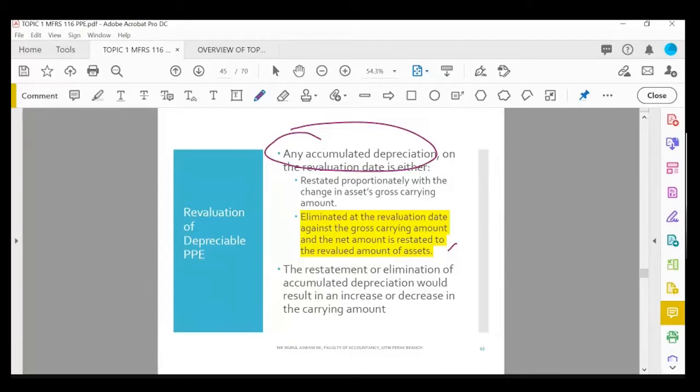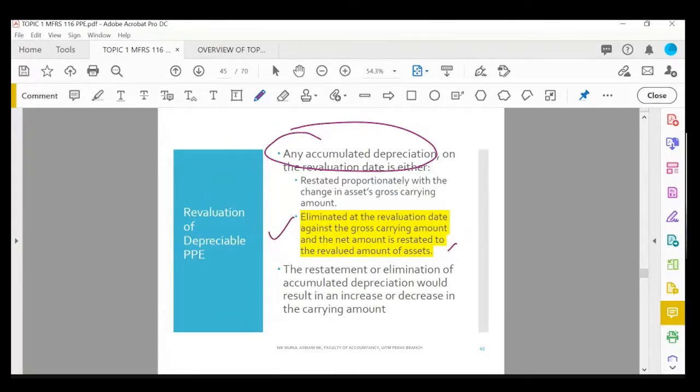All right, so there are two options here: to restate proportionally or to eliminate the accumulated depreciation. We have chosen to use the second one, which is to eliminate the accumulated depreciation on the revaluation date against the gross carrying amount. So we are going to use this one.